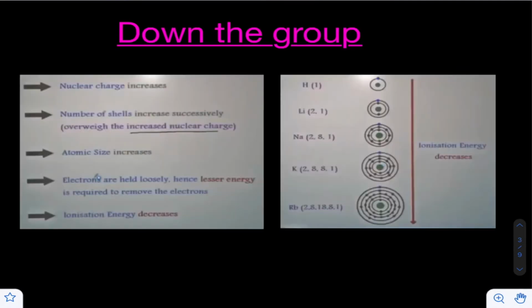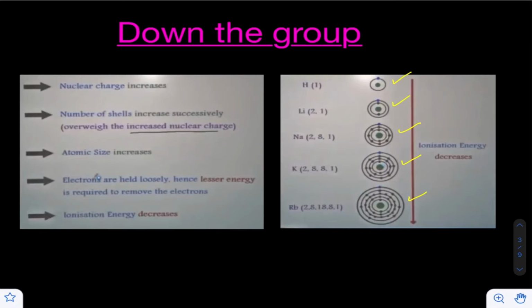Now how will this property behave in a group? As we go down in a group, you can see this is the size of a hydrogen atom. This is lithium, this is sodium, potassium, rubidium, and we have seen that as we go down in a group, atomic size increases.